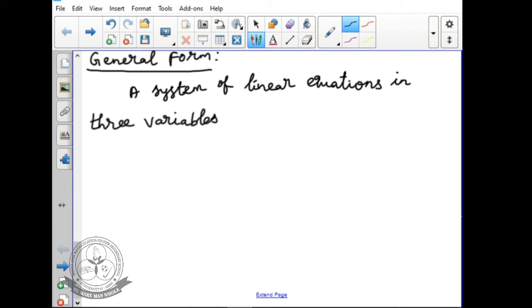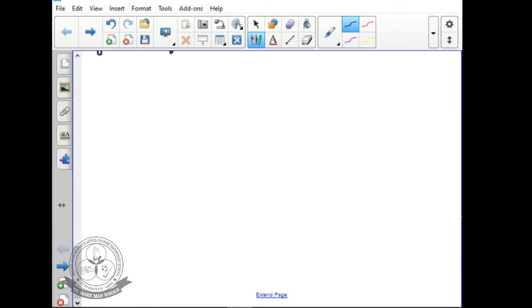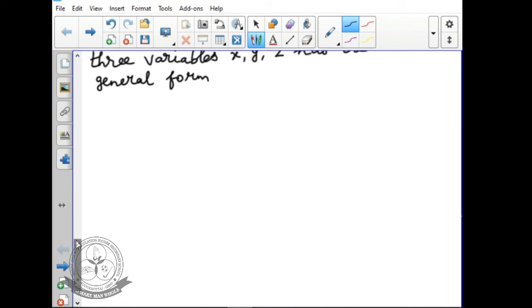A system of linear equations in three variables x, y, z has the general form: a1x plus b1y plus c1z plus d1 equal to 0.